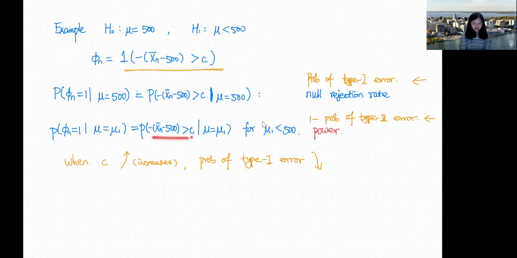Similarly, when C increases, this probability also decreases. But that is 1 minus the probability of type 2 error. So that means the probability of type 2 error increases.